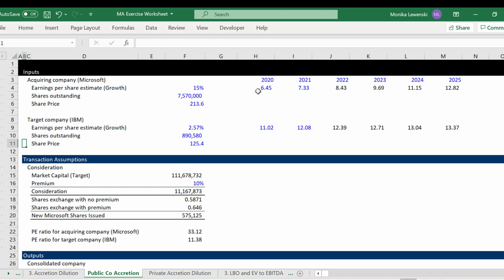Whenever we do this, and this is a little bit of an introduction, we need to set up some transaction assumptions. The primary thing you're always going to do in any kind of analysis is make a cash flow forecast.